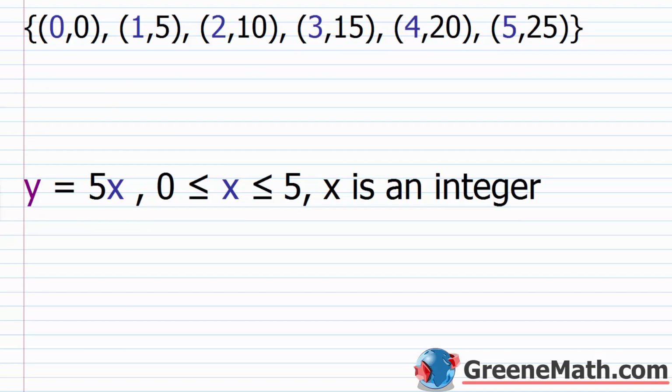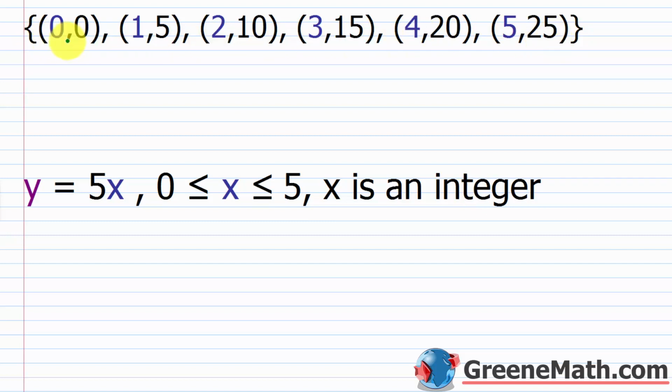In this example here, I'm going to further constrain x, and I'm going to say that x is going to be greater than or equal to 0 and less than or equal to 5, and x is an integer, okay? So that means she could roll up to the pump and buy no gas, 1 gallon, 2, 3, 4, 5 gallons of gas. Those are her only choices, okay? Just to make it nice and easy so we can end up with a set of these ordered pairs.